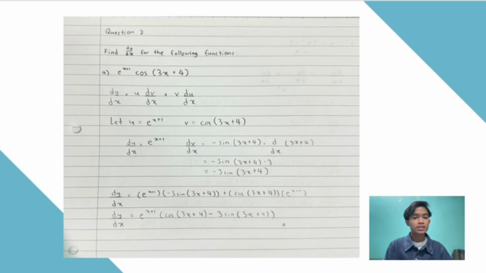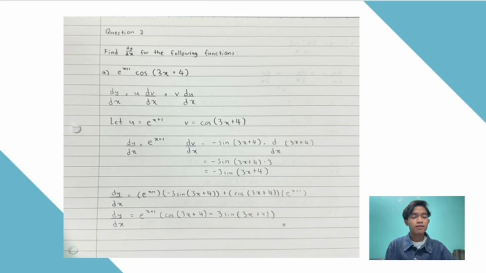dy over dx equals, in bracket, e power of x plus 1, in bracket, negative 3 sine 3x plus 4, in bracket, plus cos 3x plus 4, in bracket, e power of x plus 1.